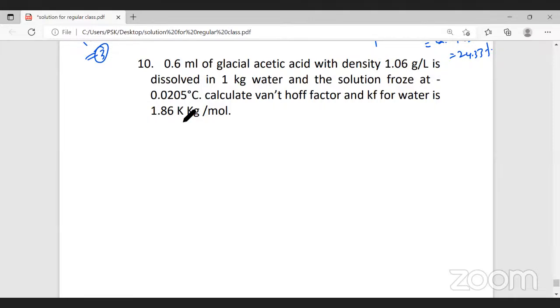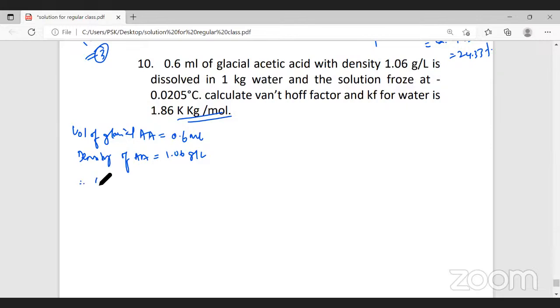Kf is Kelvin kg per mole; you should know the value. What is the volume of glacial acetic acid given? Volume is 0.6 ml. Density of acetic acid is 1.06 gram per ml. It's given. Therefore, the mass of acetic acid.